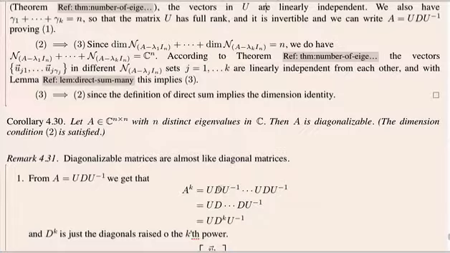Then what we have is the D matrices in between, multiplied together k times, and then U and U inverse on the two sides. So we end up with U D to the k U inverse. And since D is a diagonal matrix, D to the k is just the diagonal entries raised to the kth power.